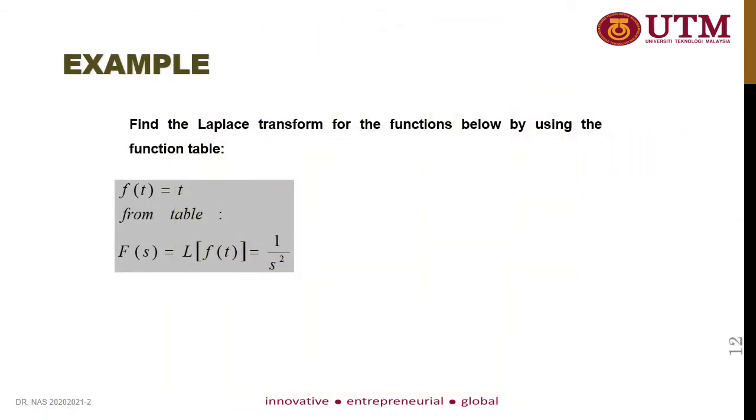Okay, let's look at example of solving time domain function by using Laplace transform, and you can refer to the Laplace transform table. Please take note that when you have an equation, for example f(t) equal to t, when you plot a graph, t will be something like this, from negative value to positive value.